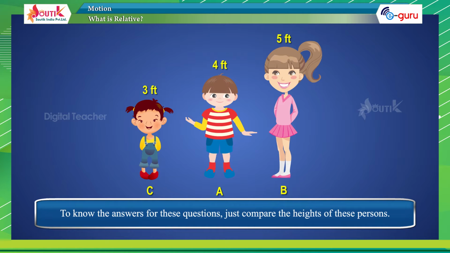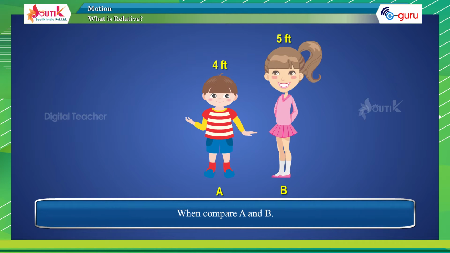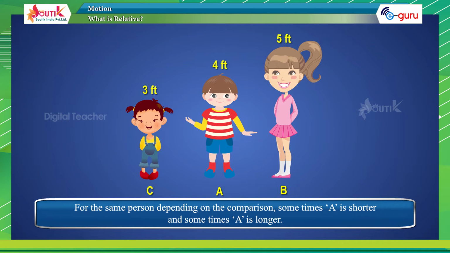To know the answers to these questions, just compare the heights of these persons. When we compare A and B, A is shorter than B. When we compare A and C, A is taller than C. For the same person, depending on the comparison, sometimes A is shorter and sometimes A is taller.